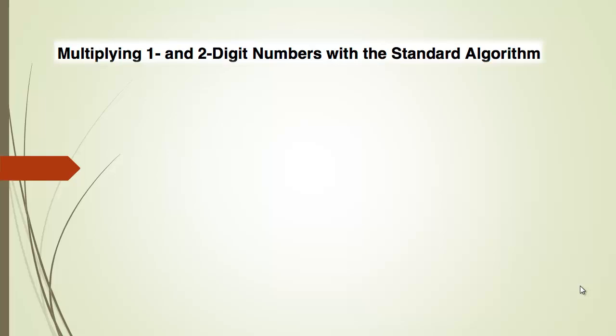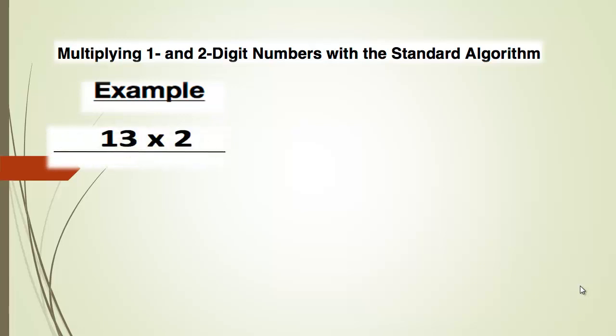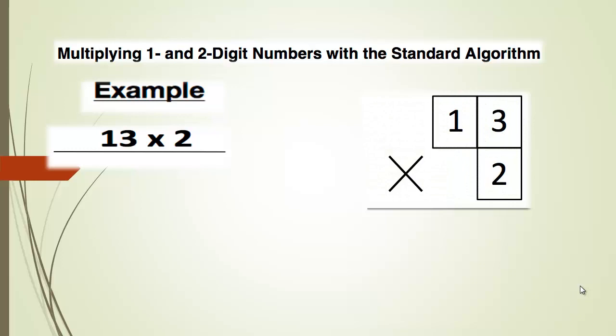Look at another question, multiplying one and two digits: 13 times 2. Again, I like to write the larger number on the top, 13, and the smaller number below it, 2.